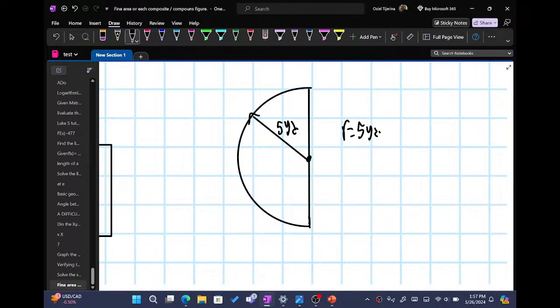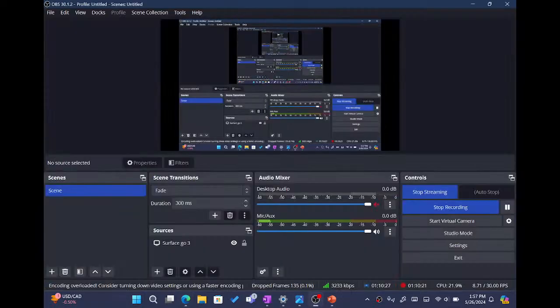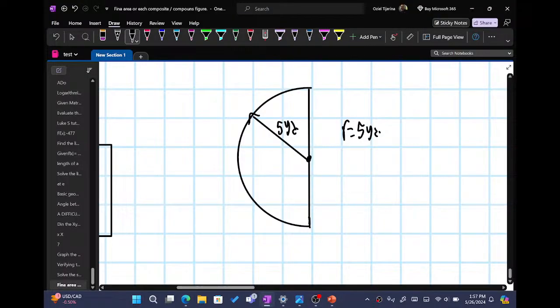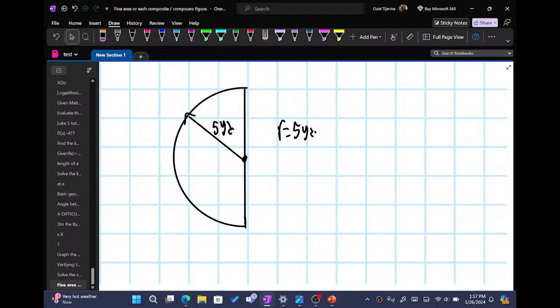Now here, what we are saying is the radius is 5 yards, and of course, like I said, it's not the middle of the circle.